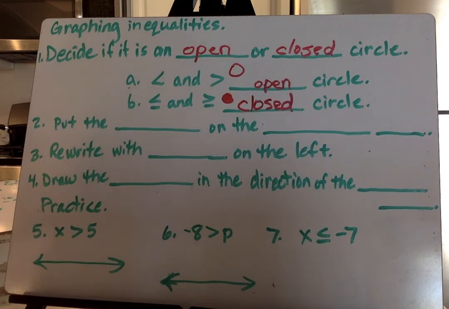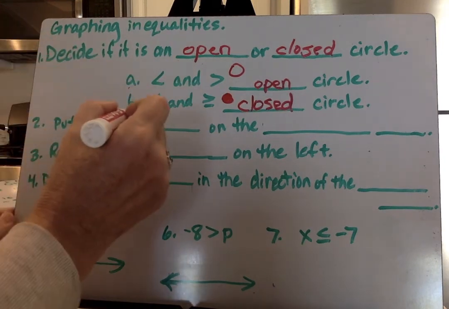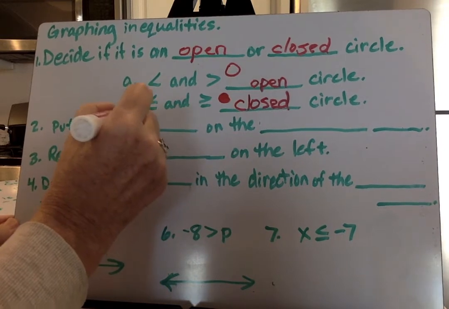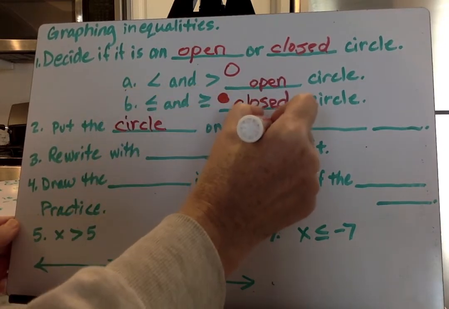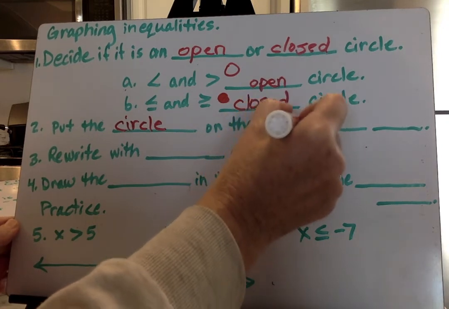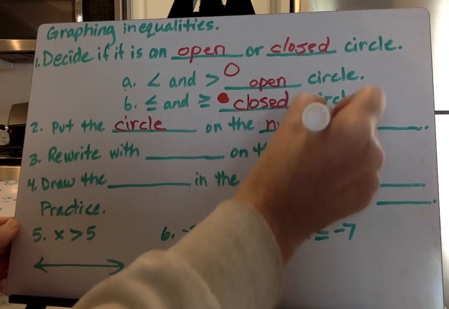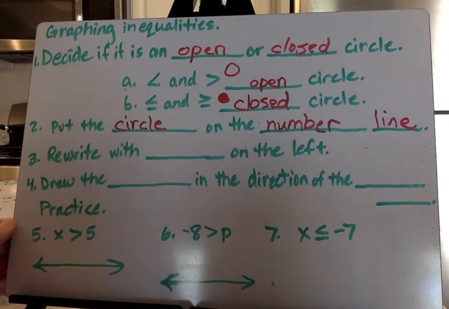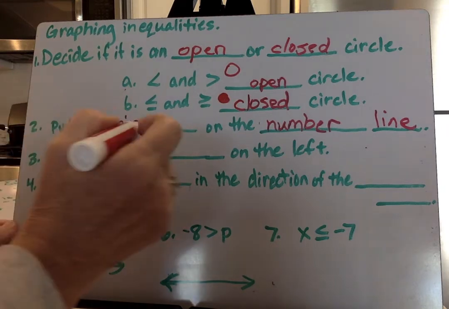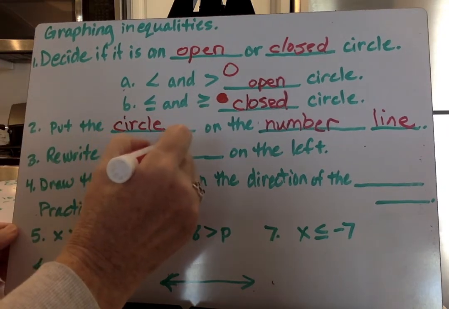Okay, so again, you have your number line, put the circle on the number line where it needs to be. Rewrite it if you need to with the variable on the left.